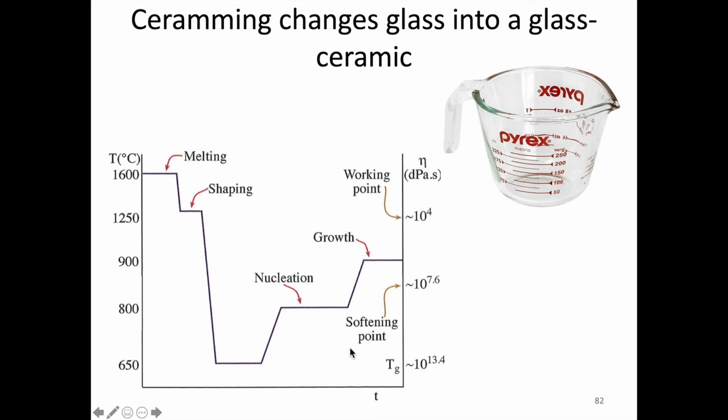What we're trying to do is, in a controlled manner, grow crystals of this material, because those crystals end up giving it additional strength and toughness compared to the glass, since we essentially have particles within the glass. This allows us to take advantage of the forming capabilities of glasses with the strength and toughness of crystalline materials.